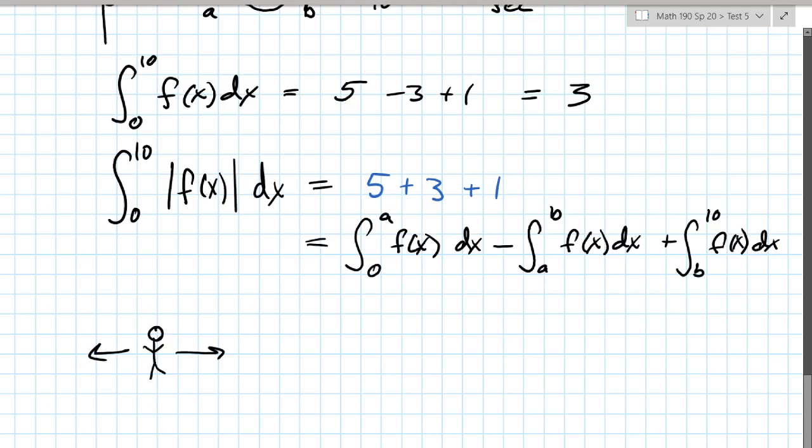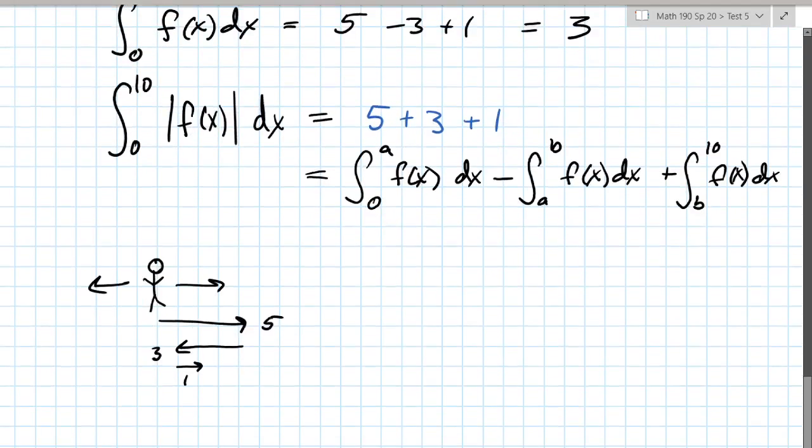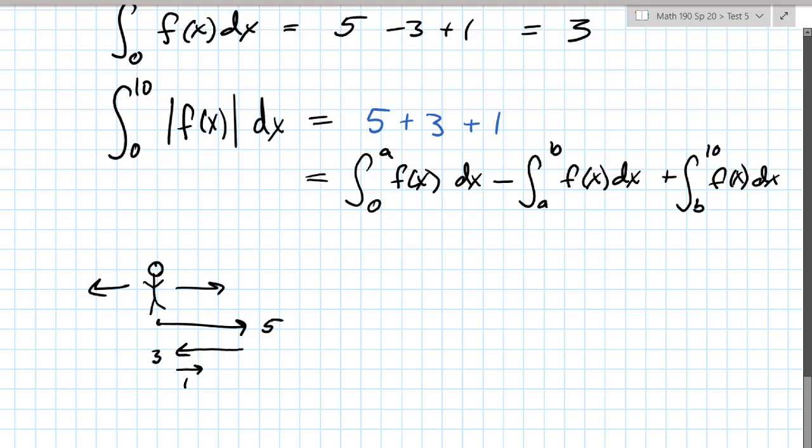So if I said, okay, you've gone 5 that way, and then you go backwards 3, and then you go forward 1, the displacement is how far have you gone from the start to the finish. That is your displacement.